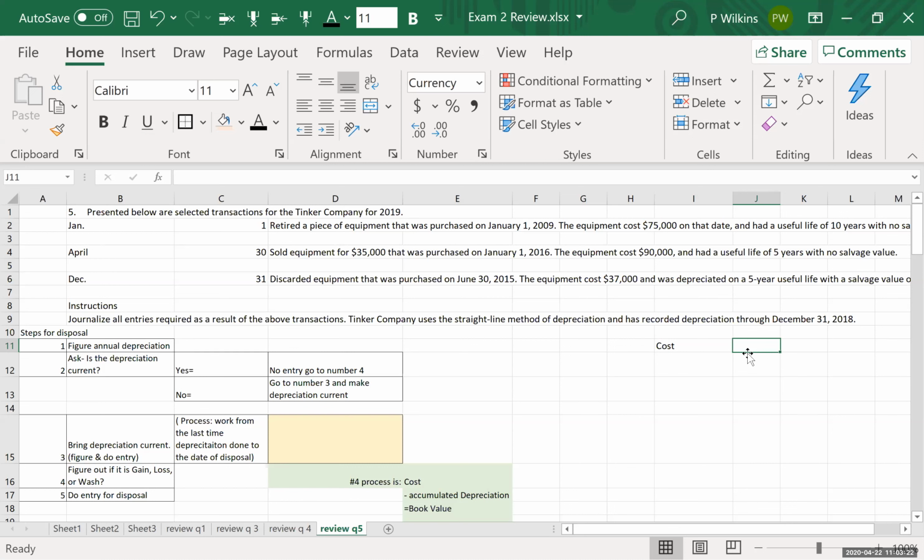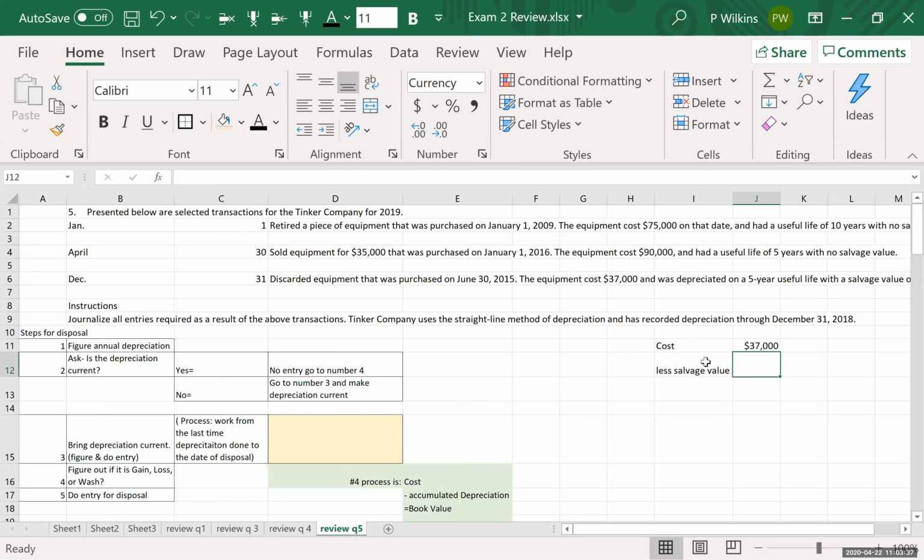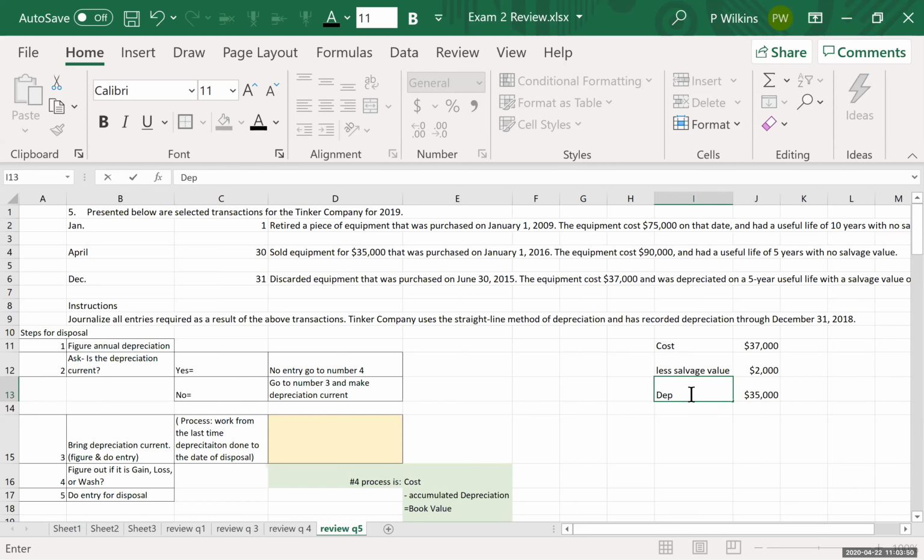The cost of this one was $37,000. We subtract the salvage value, which on this one was $2,000. So that's going to give us a depreciable cost of $35,000.